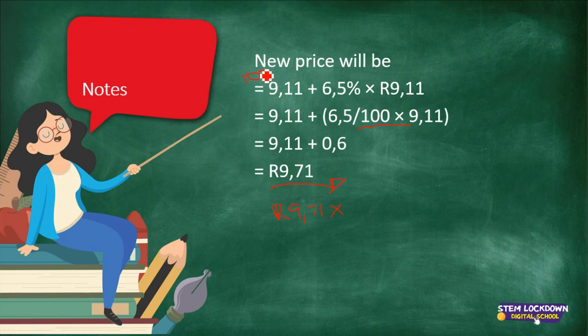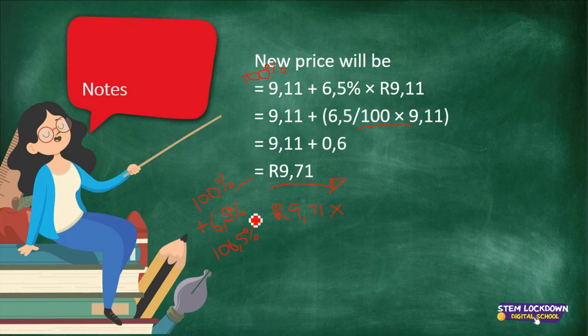Percentage-wise, the original amount always represents 100%, plus an increase of 6.5%, giving us 106.5%.